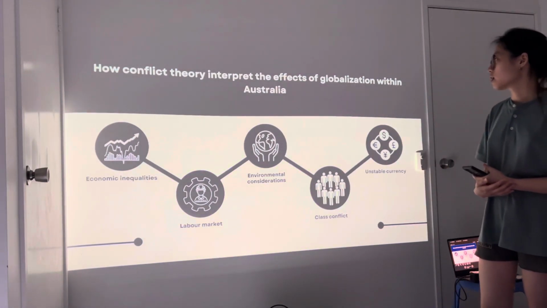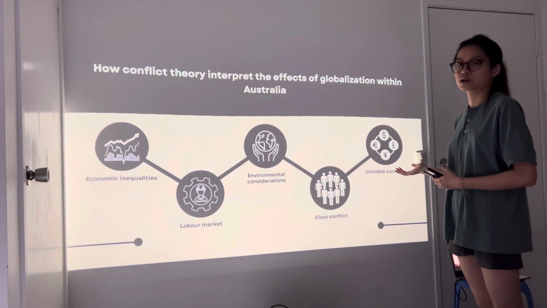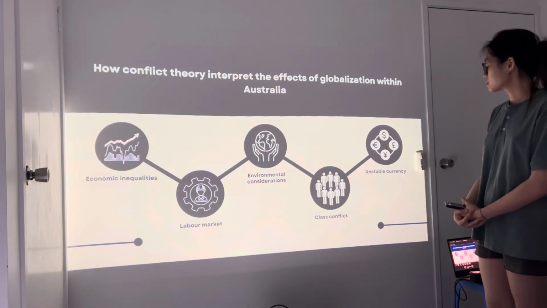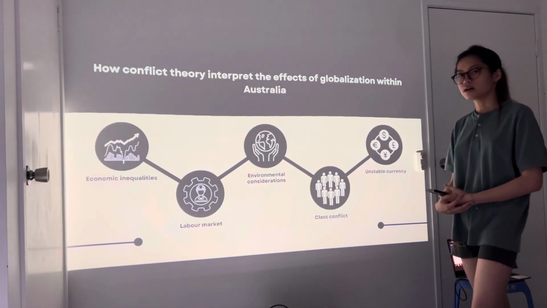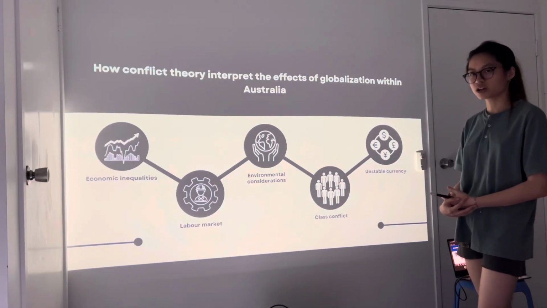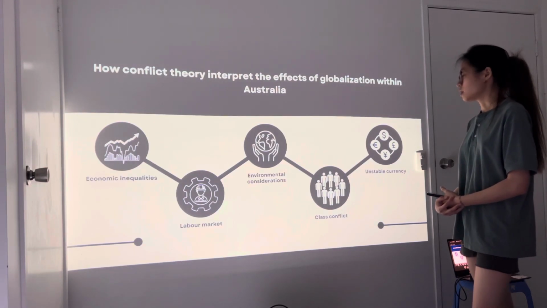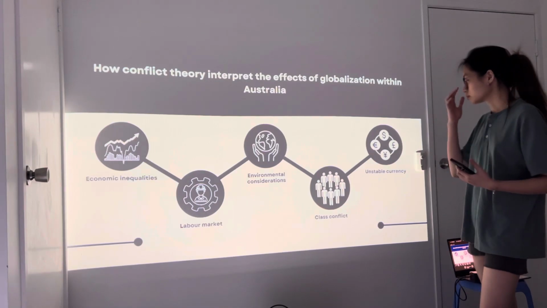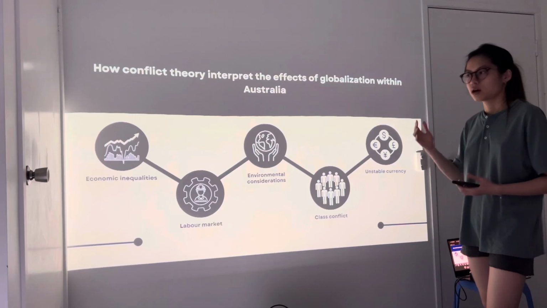Why does globalization bring instability to the Australian currency? Because the Australian real estate market has changed a lot, and there is more migration towards Australia and certain changes in policy.